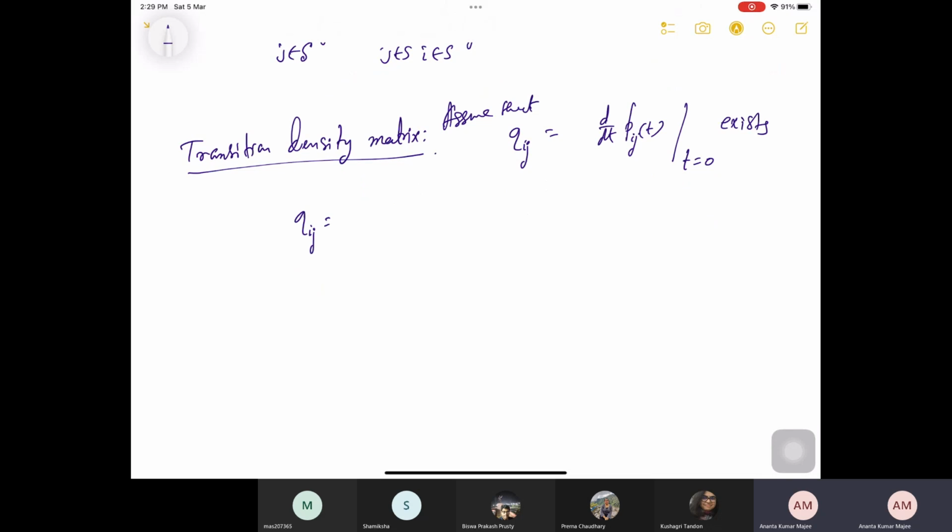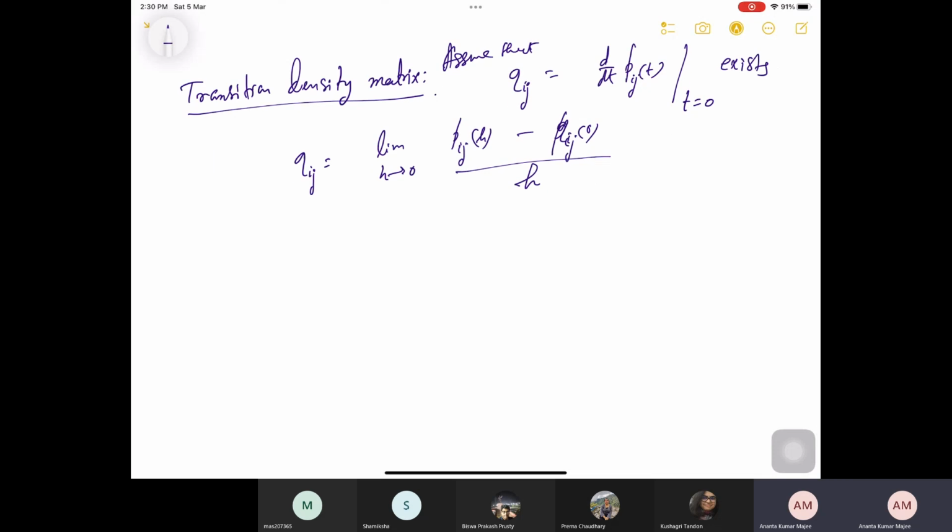Later on we will declare this Qij to be the rate matrix or the density matrix. You see that the rate is at t equal to 0. Because of the time homogeneity, it is enough to know it at t equal to 0. That is the rate. Then Qij is nothing but the limit as h goes to 0 of (Pij(h) minus Pij(0)) by h. You can check it easily.